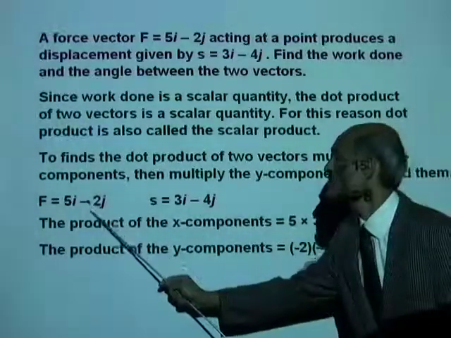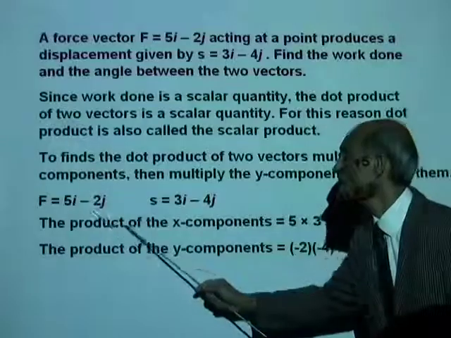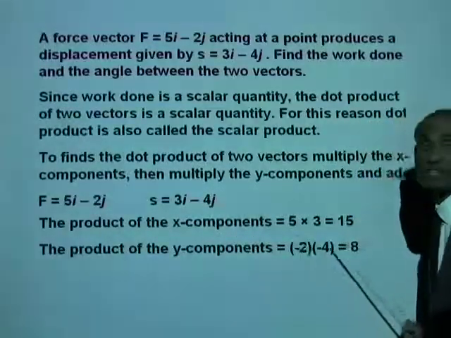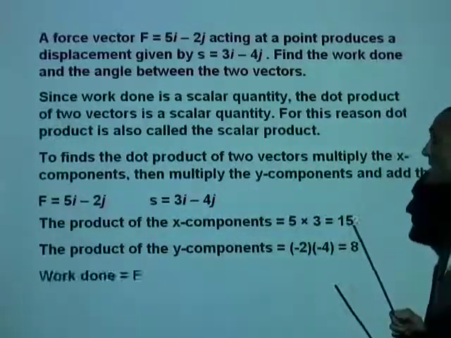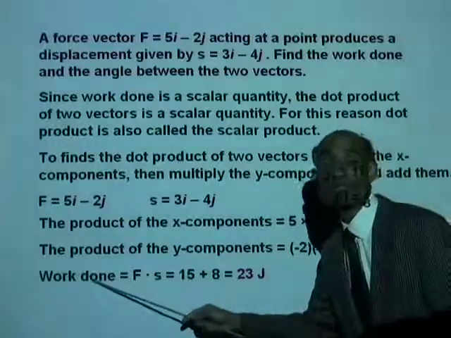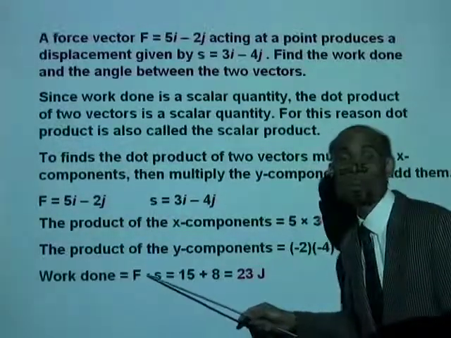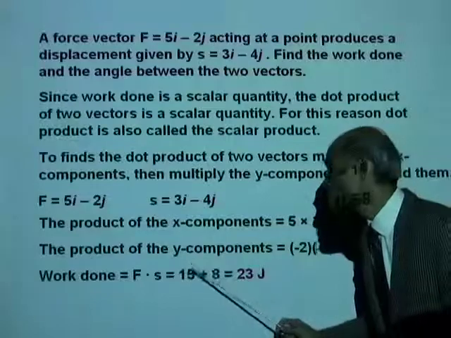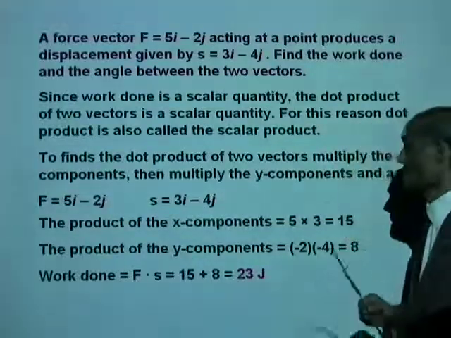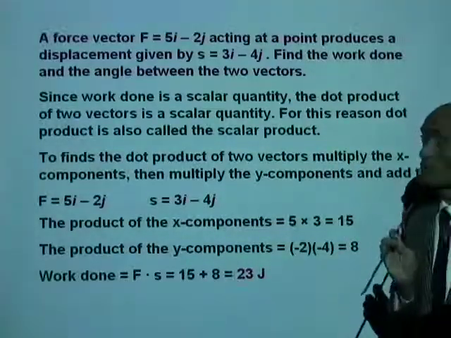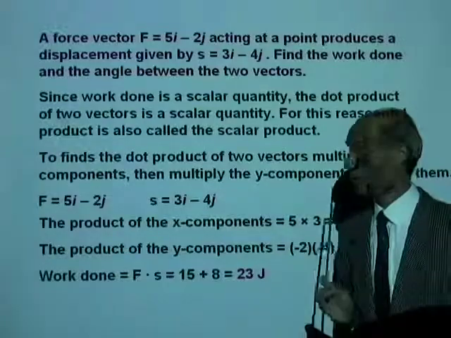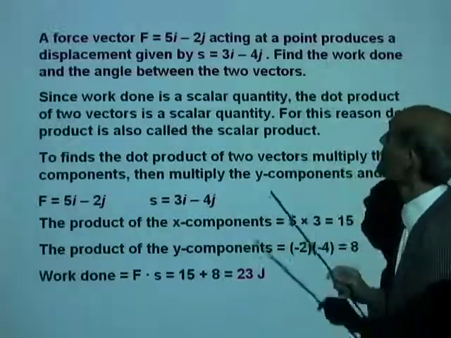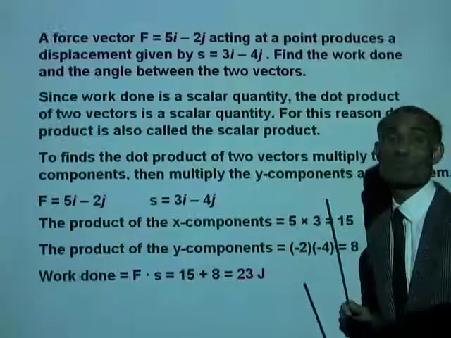And the product of the y components, negative 2 multiplied by negative 4, is 8. Therefore, the work done equal to F dot S equal to 15 plus 8, that is 23 joules. Now we need to find the angle between the two vectors.